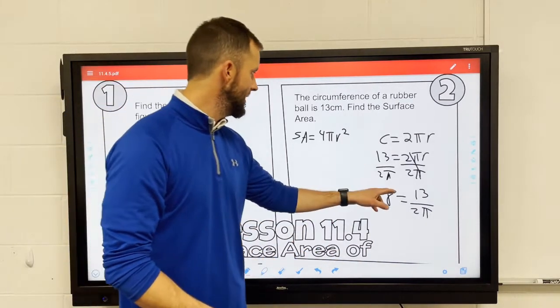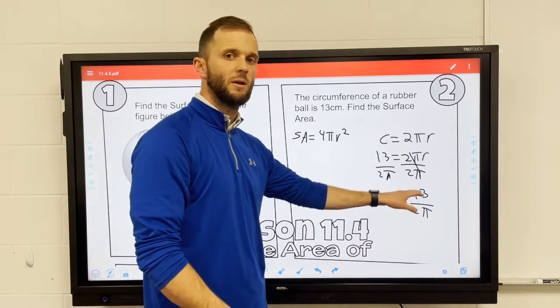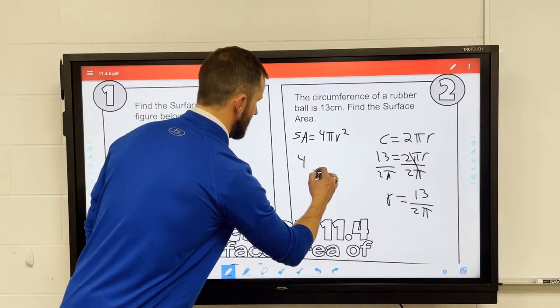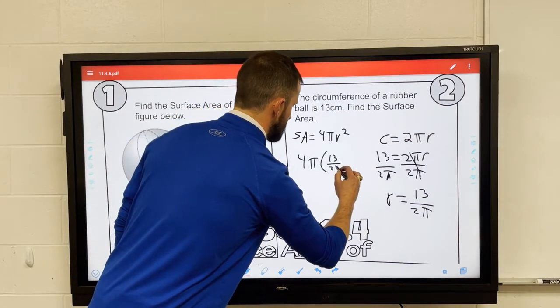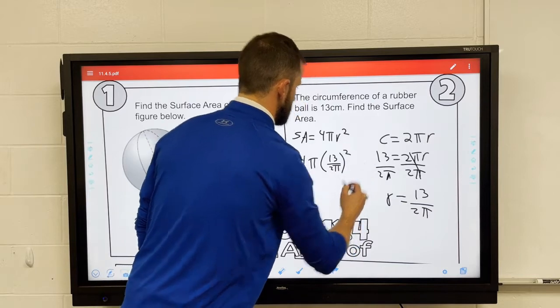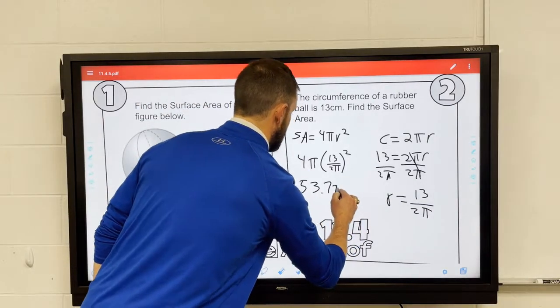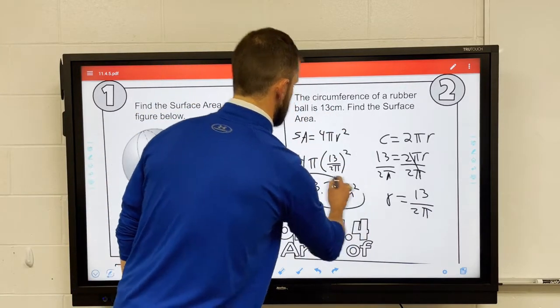So if that's my radius, I'm going to plug that in for my radius. That's just not a decimal. I want to get the most exact answer. So I'm literally going to do 4 times pi times 13 over 2 pi, and I'm going to square that. So 53.79, and that was in centimeters, so that would be centimeters squared because I'm dealing with area.